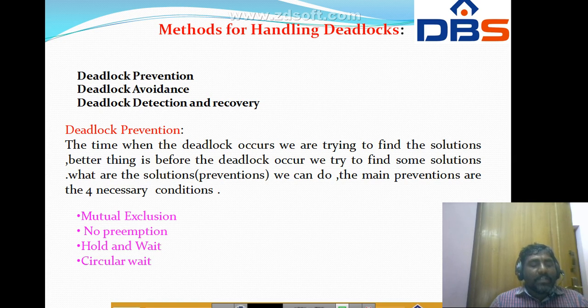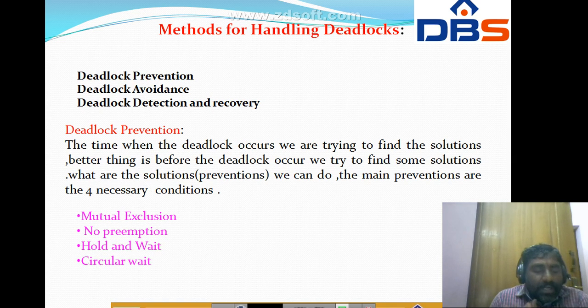The main preventions concern the four conditions: mutual exclusion, no preemption, hold and wait, and circular wait. As we know, these four conditions are necessary for deadlock in the system. Deadlock prevention says either try to remove all four conditions from the system, or at least discard one of the conditions among the four.